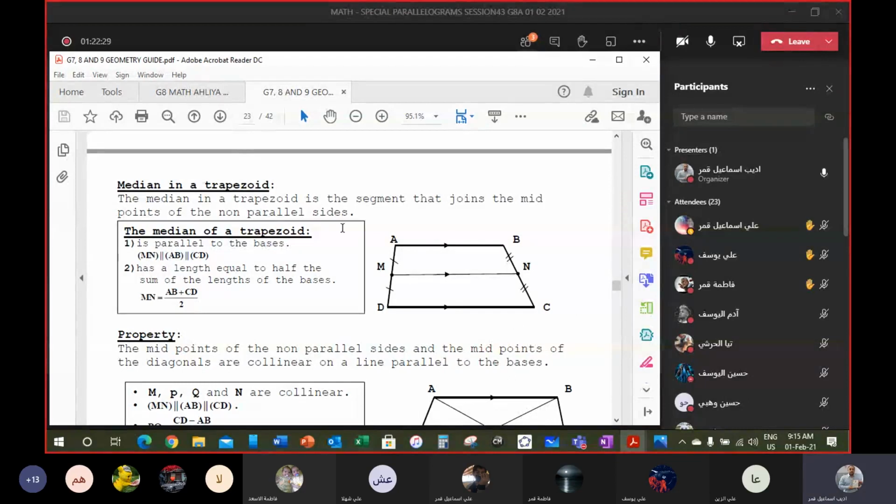The median in a trapezoid is the segment that joins the midpoints of the non-parallel sides, which is MN. It is parallel to the bases, AB and DC, the parallel sides, and has a length equal to half the sum of the lengths of the bases. So MN equals AB plus DC over 2.